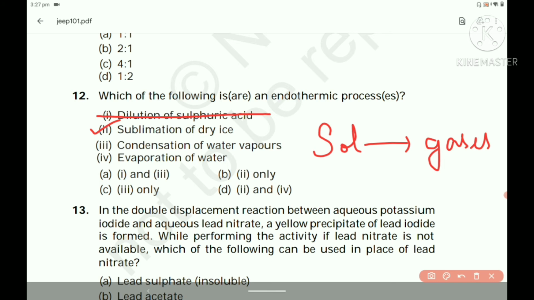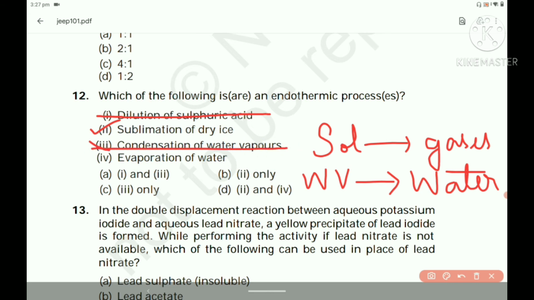Correct. Condensation of water vapors. So basically, if you know, water vapors condense to form water. Remember, right, on the plate. So here it is cooling down. It is releasing energy. So it's exothermic, not into play. And evaporation of water. Evaporation of water is water getting converted into water vapor, the reverse.